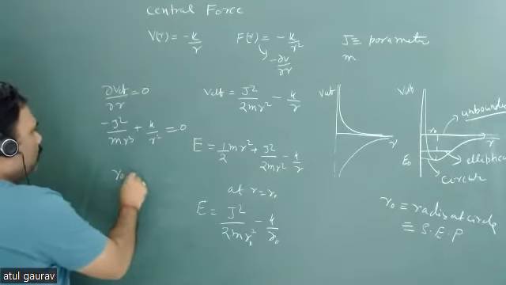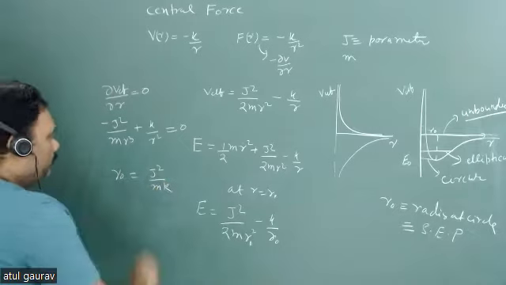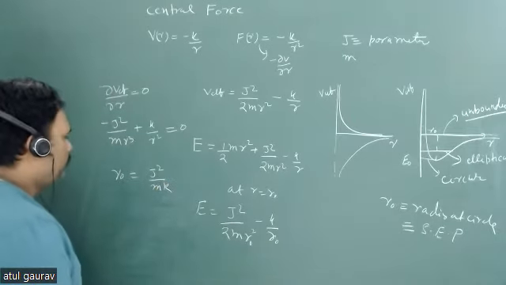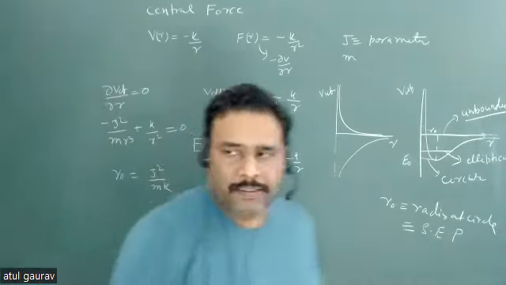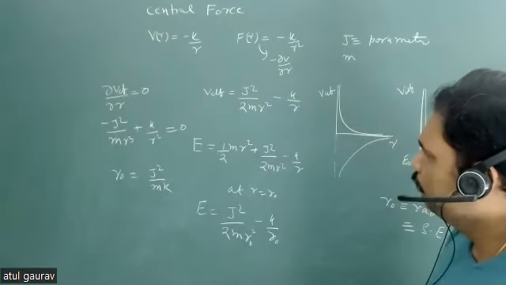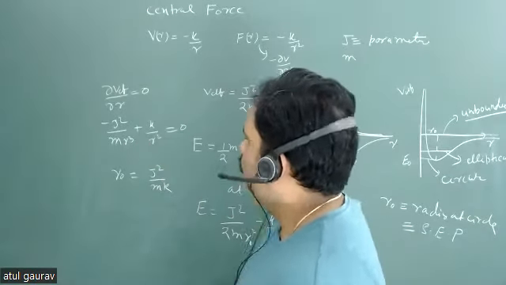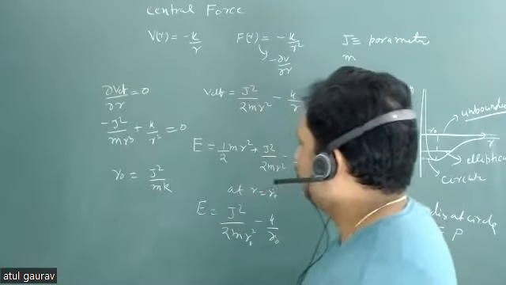So r naught is equal to j square by mk, isn't it? Am I correct? Yes, so this will be j square by mk.